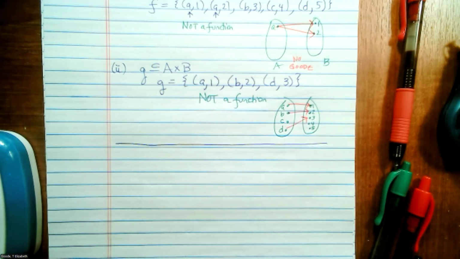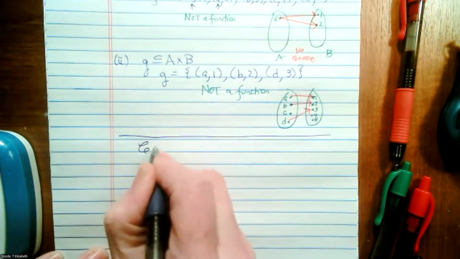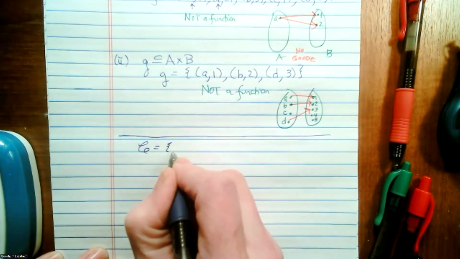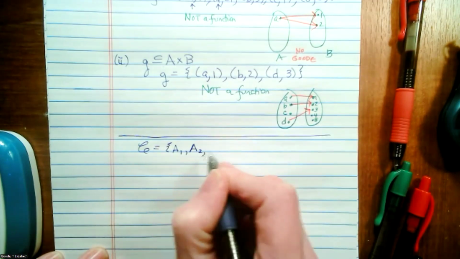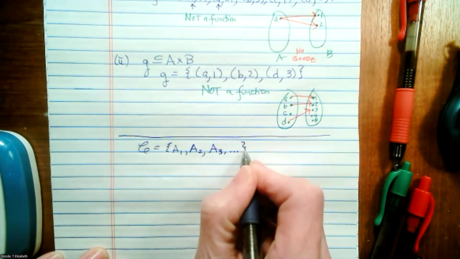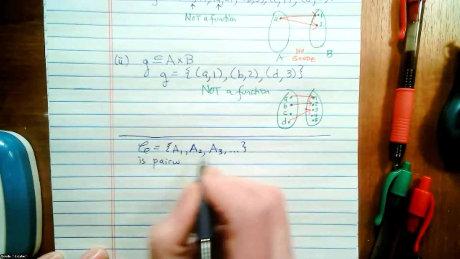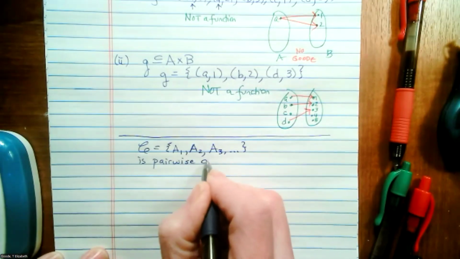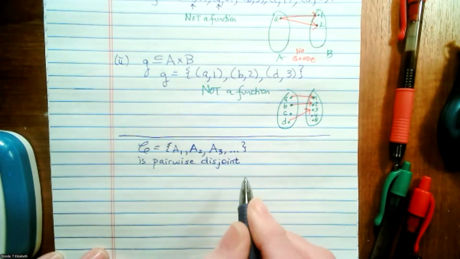We say a collection of sets A1, A2, up to Ak is pairwise disjoint or mutually disjoint if none of these sets share any elements in common with any of the other sets. Is it dot dot dot after the A3? Yes, ma'am, it's A1, A2, dot dot dot, Ak.